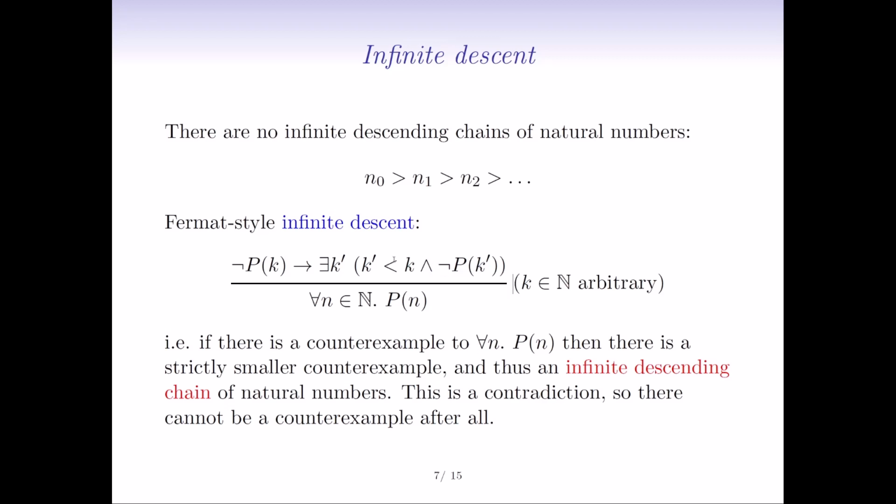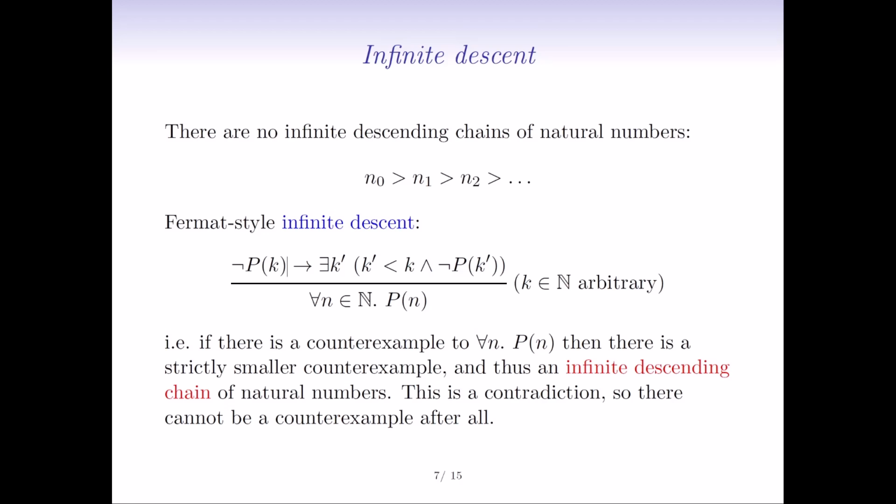So just to say, since we know that P is not true of k prime, we have not P of k prime, and that's how come we can apply this rule again to get another smaller counterexample. So the premise says for any counterexample there is a smaller counterexample, and therefore there is an infinite descending chain of counterexamples.